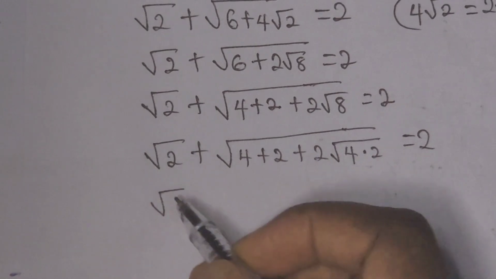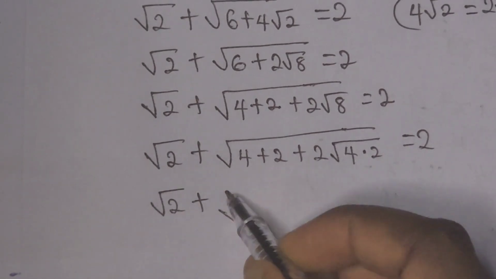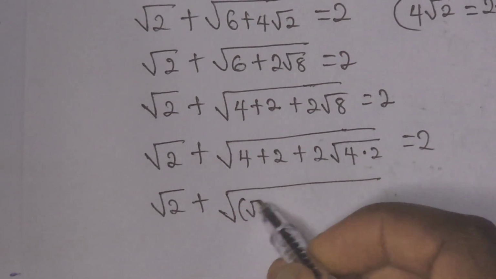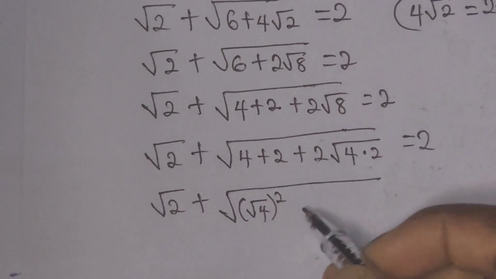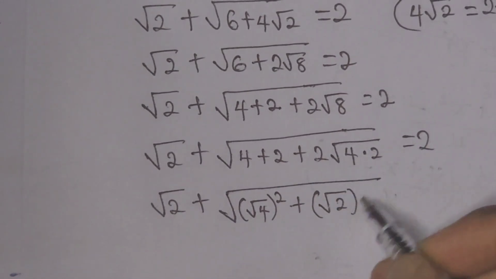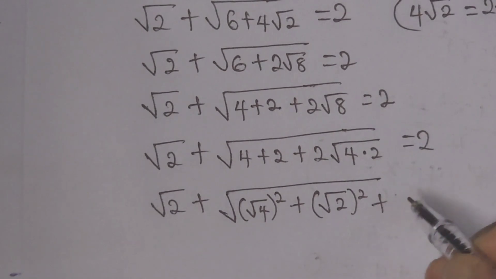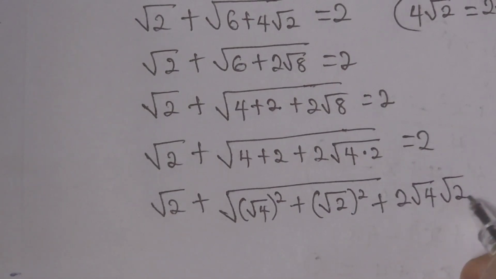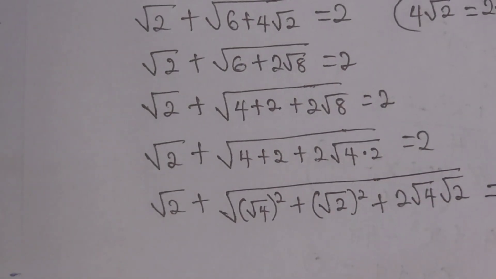So we have root 2 plus the square root of 4, which can as well be written as the square root of root 4 all squared, plus 2, which can as well be written as the square root of root 2 all squared, plus 2 root 4 root 2, all equal to 2.